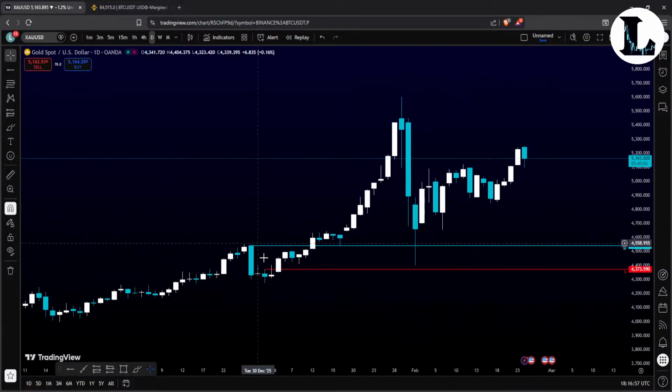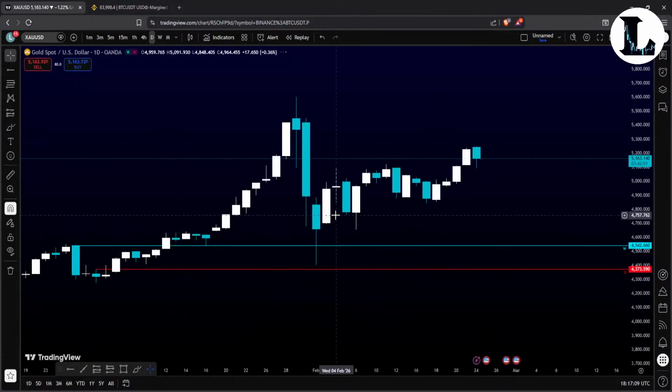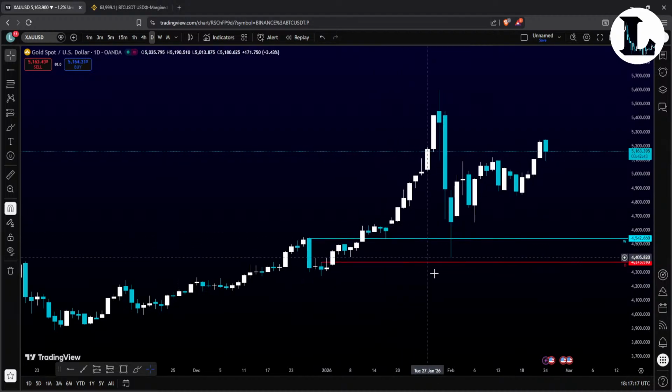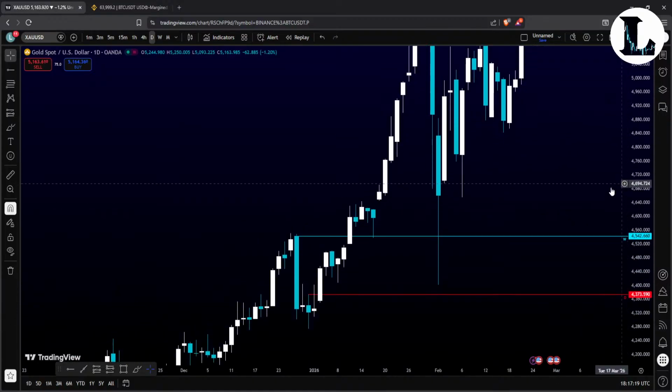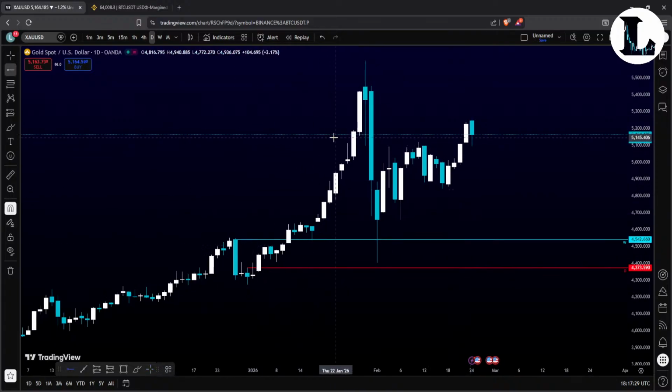Actually this weekly was strong, but the level here was not close when we had this reaction, I believe. Yeah, it was on Friday, so it kind of was. So big support over there. I'm actually going to keep that. Okay, we have the support here.